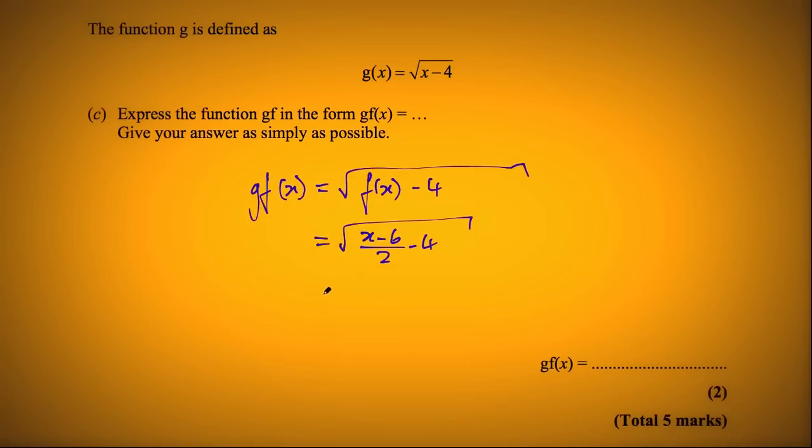I suppose to simplify that, I can put it all over 2 as x minus 6 over 2 minus 8 over 2, which is the square root of x minus 14 over 2. And that's as simple as I can go.